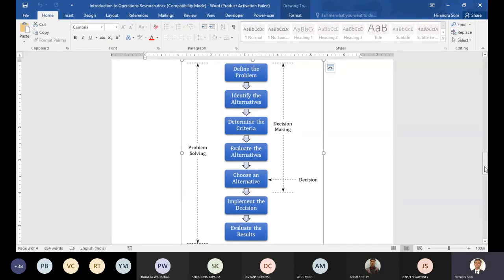Is that a problem or is it a symptom? Symptoms. Anybody? So that's a symptom. Very good.